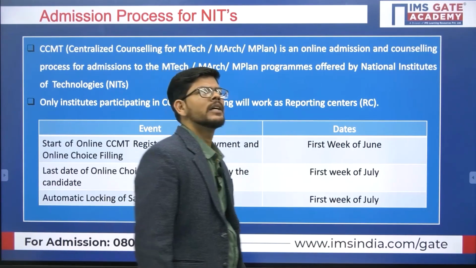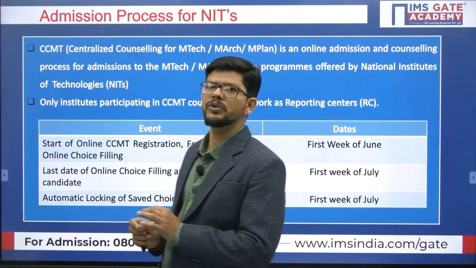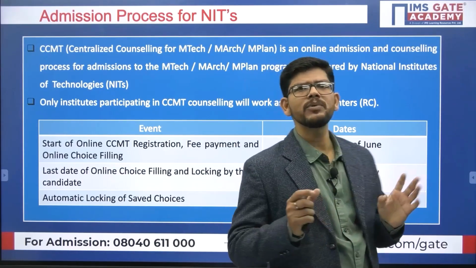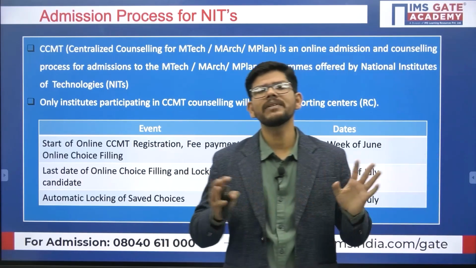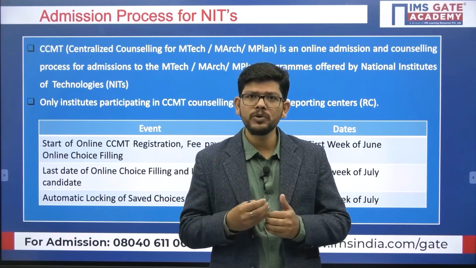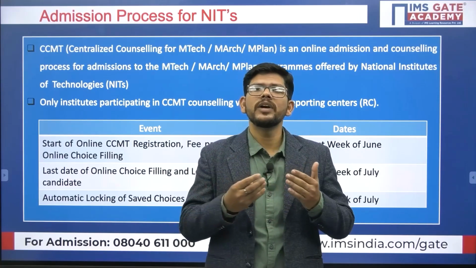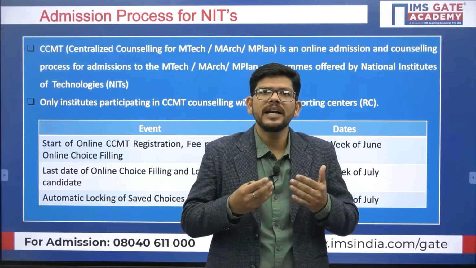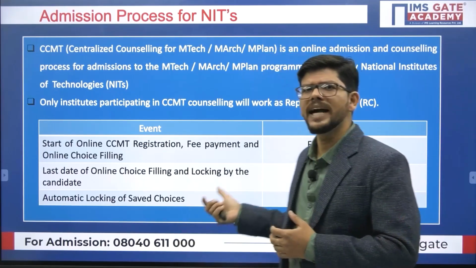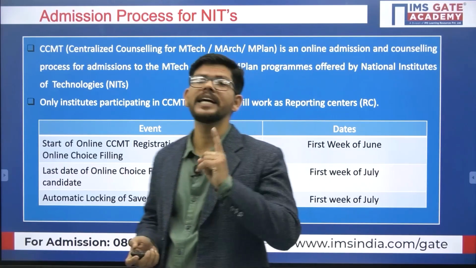And mind it, if you feel that the specialization or the NIT offered to you doesn't suit you well, then you don't have to worry. There are several rounds of CCMT. So if you don't feel that you have got the correct specialization or the correct NIT, you can go for the several rounds and choose the NIT and specialization of your choice, depending upon your GATE score.